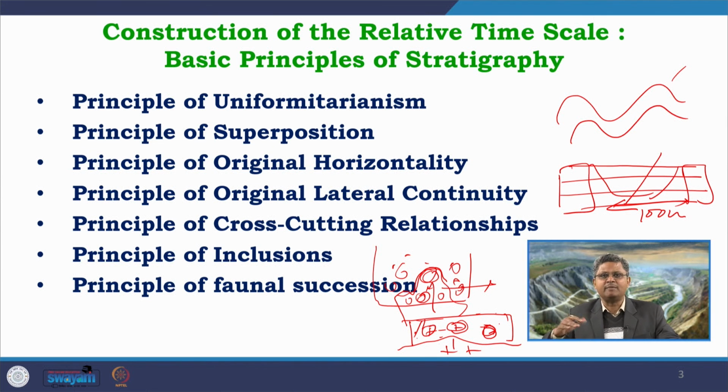At the same time, if we look into the faunal assemblages, we can expect relatively older and less evolved taxa to be present within the older rock near the lower part of the succession, and as you move up across time, you get more evolved and younger forms within the younger beds.